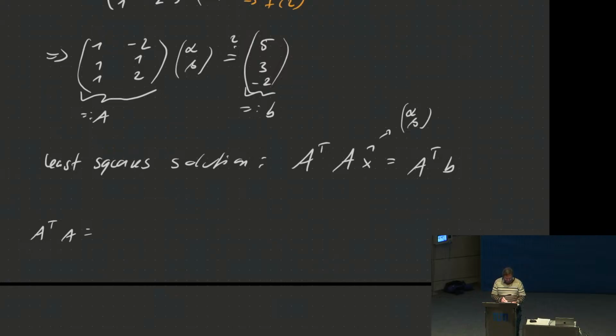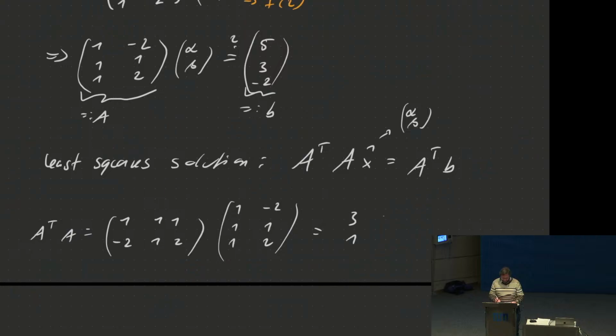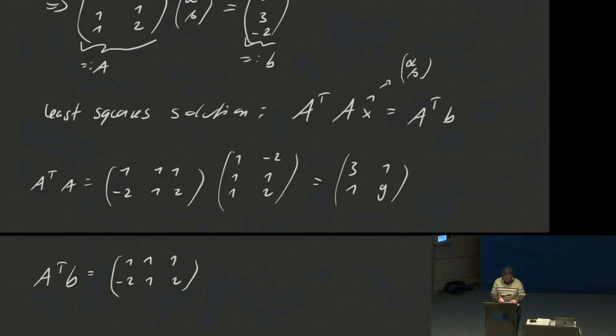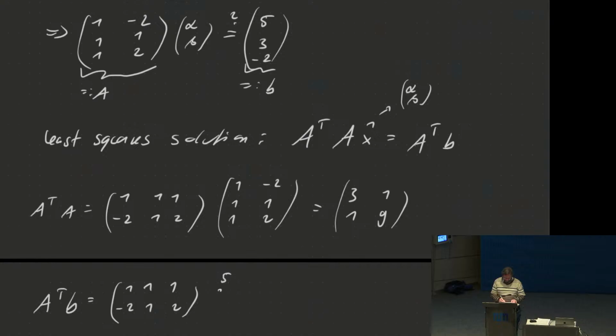Computing A transpose A, well, transposing that gives you this matrix here, 1, 1, 1, minus 2, 1, 2. And if you do the computations, I'm going to make this quick, you get this matrix, 3, 1, 1, 9. And A transpose B, 1, 1, 1, minus 2, 1, 2 times this B vector, 5, 3, minus 2.